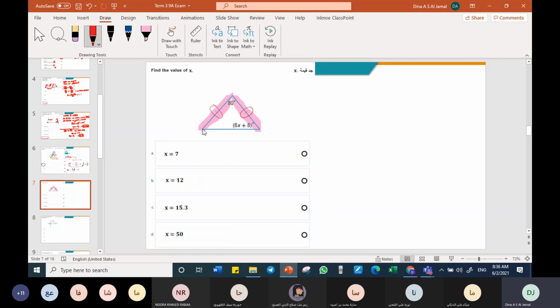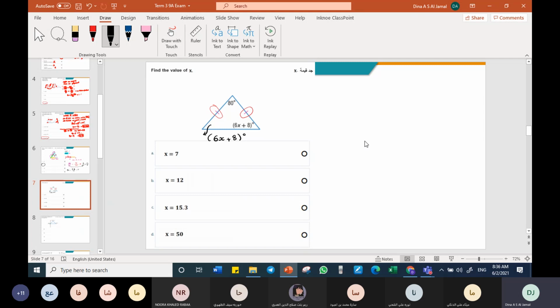Whenever you are having two congruent sides, then you can understand directly that also the angles that are opposite to each of them, which are the base angles, are congruent also. That means since it is congruent, the other base angle will be having a measure of 6x plus 8 degrees.